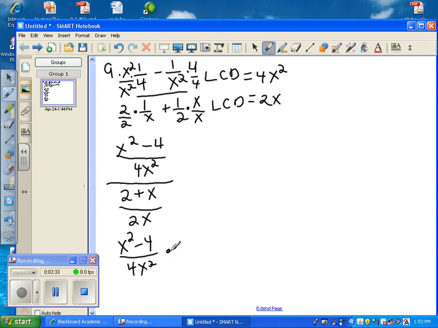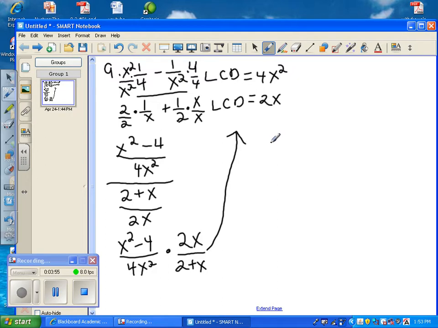And now I'm going to multiply by the inverse, or I'm going to flip that bottom fraction. That gives me 2x over 2 plus x. Now I have a multiplication problem, and it doesn't look nearly as bad anymore. So I'm going to move up here to give us a little more space. Hopefully you can follow that.